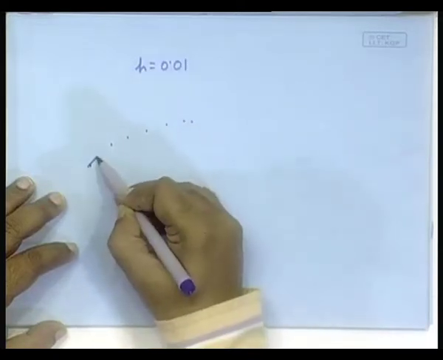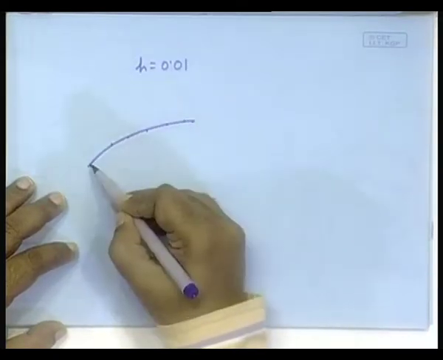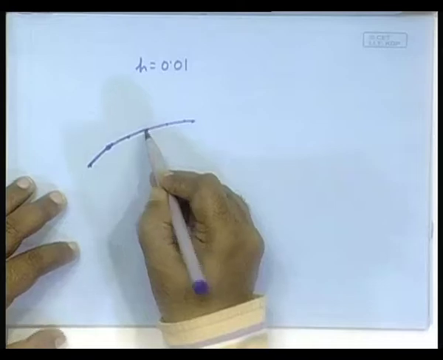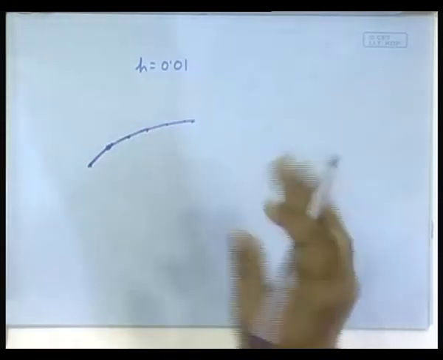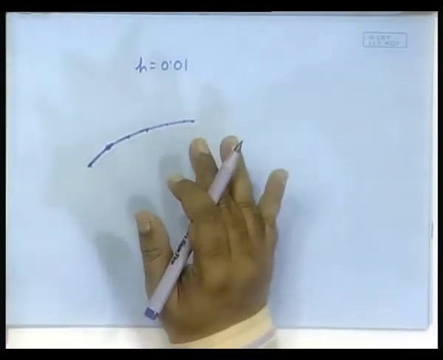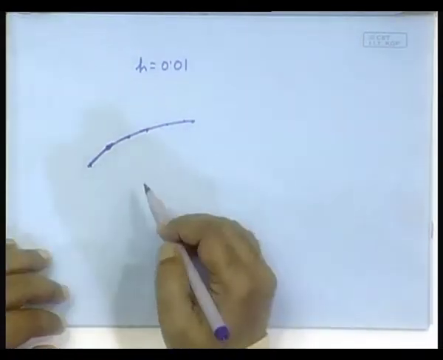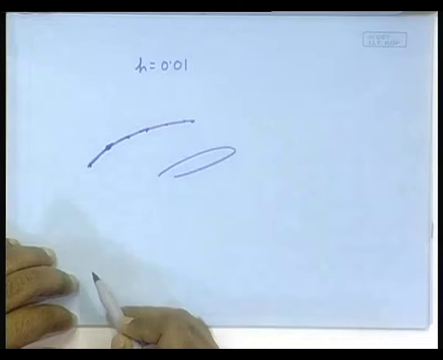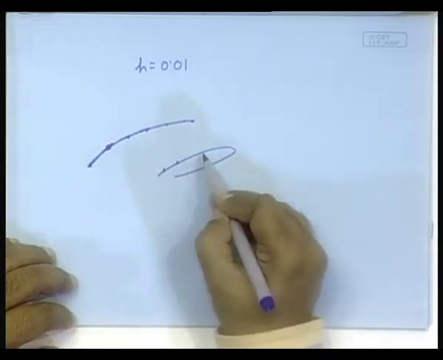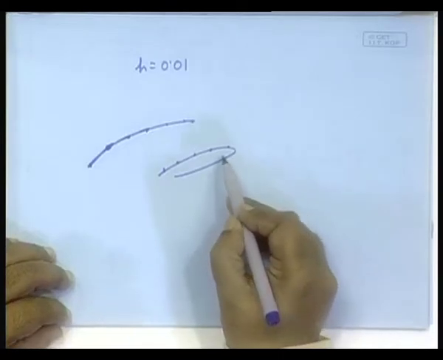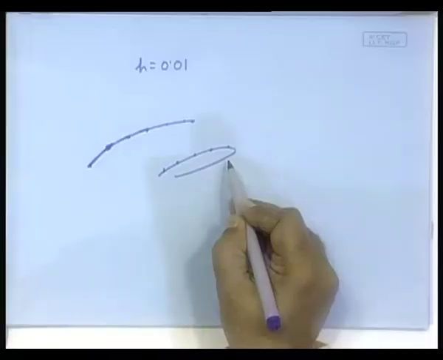So, if it is going like this, then the amount of approximation that would be involved in going from here to here, here to here, here to here, even if that approximation is accurate to the h to the power 5 extent, that is reasonably good. But suppose it is like something like this and you are taking the steps like this, then what? If the solution has sharp turns, obviously this will incur error still.